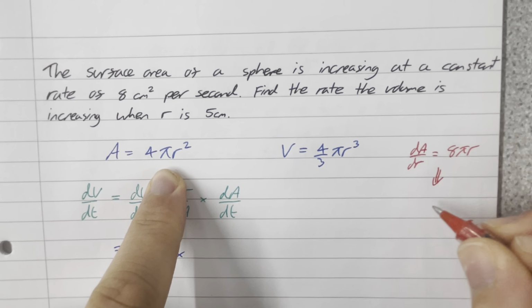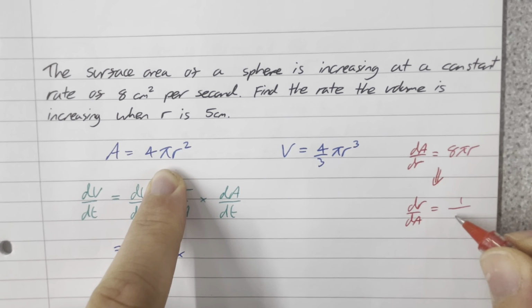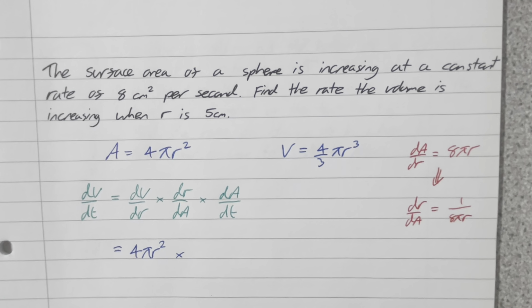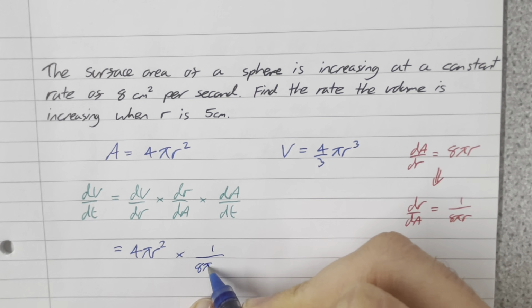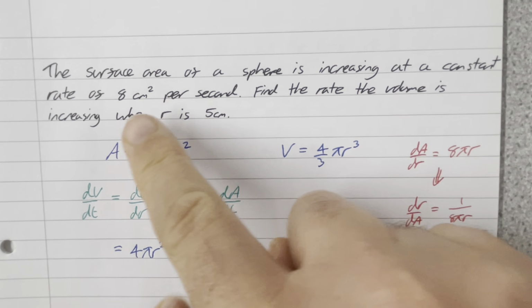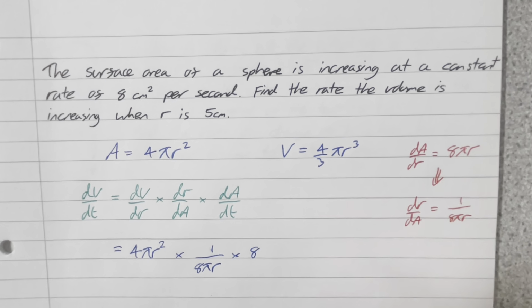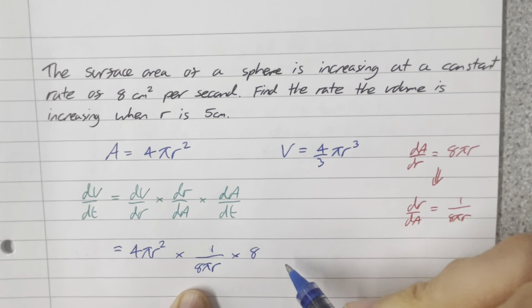And I can reciprocate that to find dr by dA is going to be 1 over 8 pi r. Okay. So dr by dt is 1 over 8 pi r times dA by dt, but we're told dA by dt is 8. Okay, so that gives me dV by dt, the rate of change of volume in terms of r.